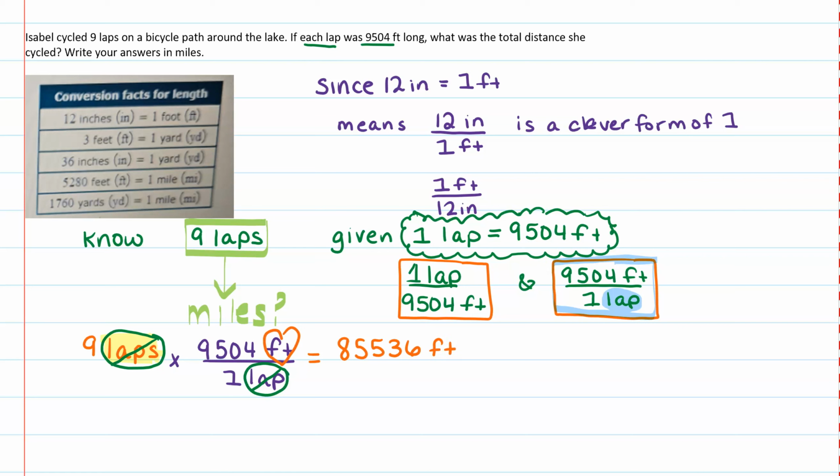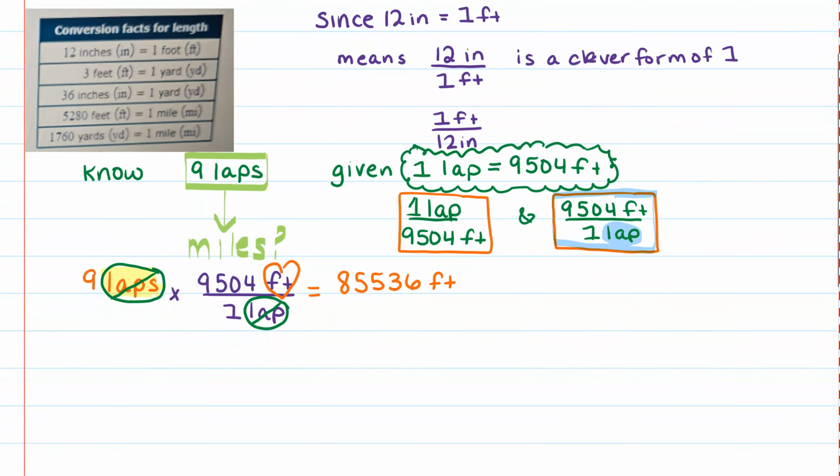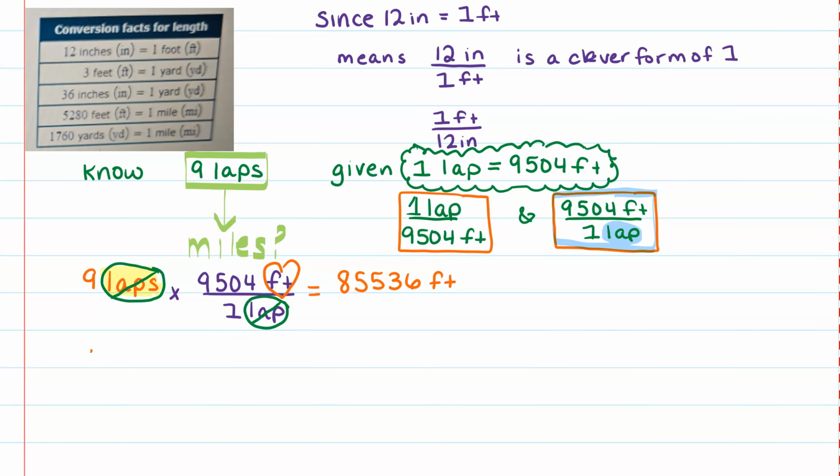Now, did I answer the question they asked? No. I wanted to know how many miles she traveled. So we know that she traveled 85,536 feet. And now I need to convert from feet to miles. If I look in my conversion facts, I've got this fact right here, 5,280 feet equals 1 mile.